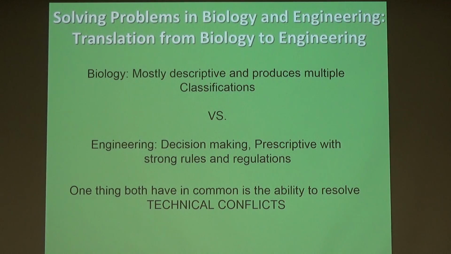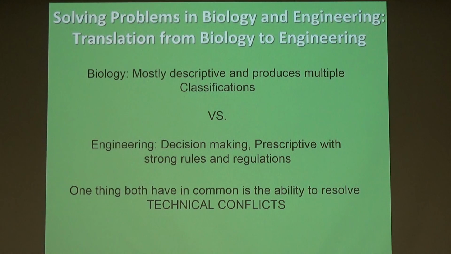It's more descriptive, and classifications and databases are produced. One thing that they both have in common, though, is the ability to resolve technical conflicts. This is an important point when we're looking at how to translate from nature to technology.